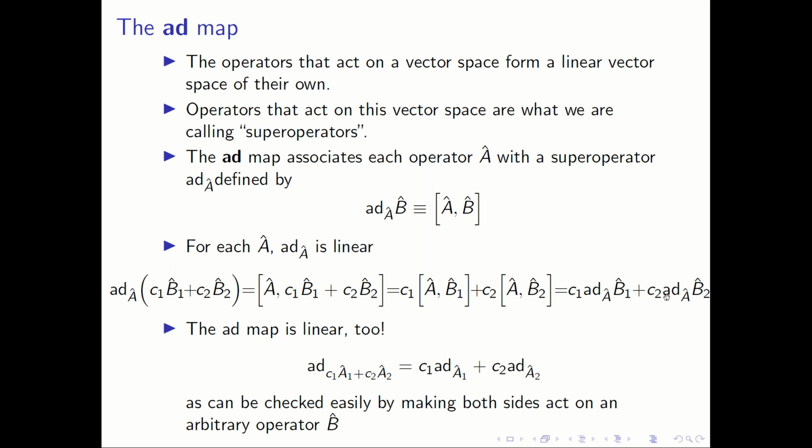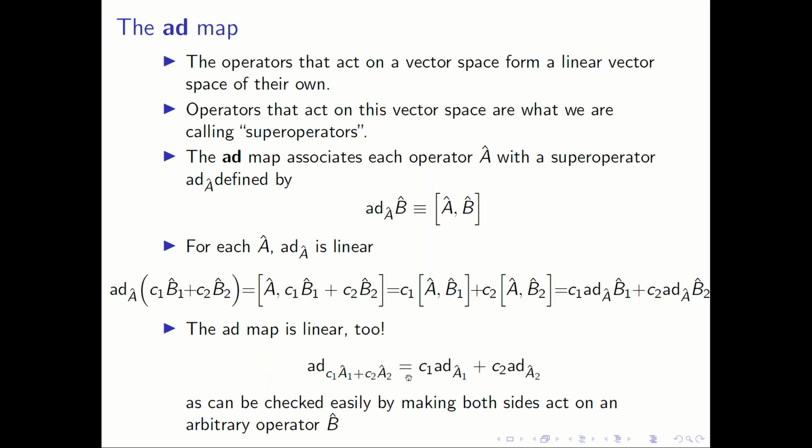Well, the ad map which maps A to ad A is also linear, in the sense that what ad maps c1 A1 plus c2 A2 to is c1 ad A1 plus c2 ad A2. This is something you should check for yourself, and the way to check it is very easy. You just apply this map on an arbitrary B and see what happens.